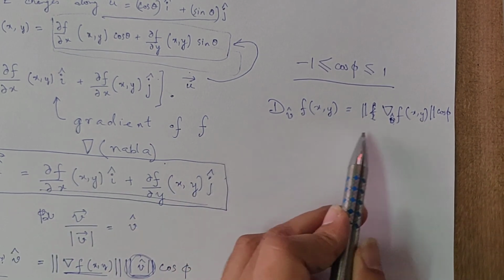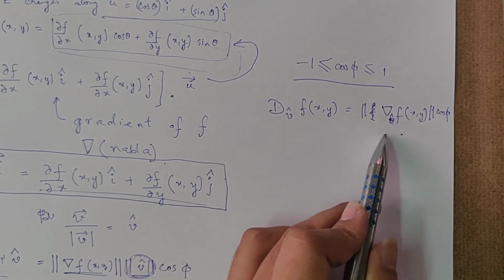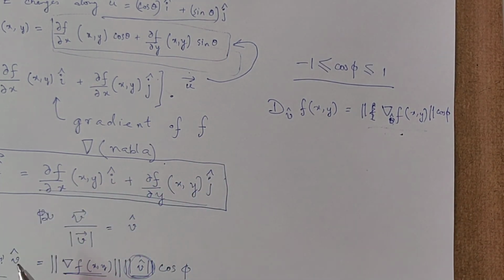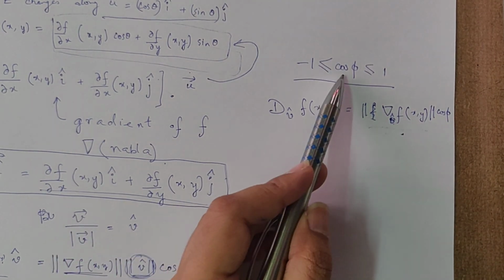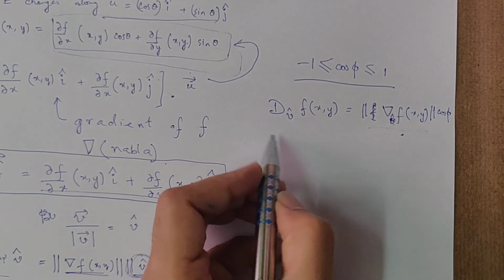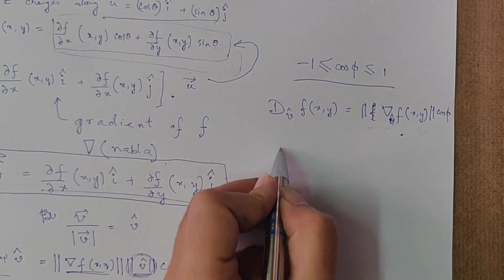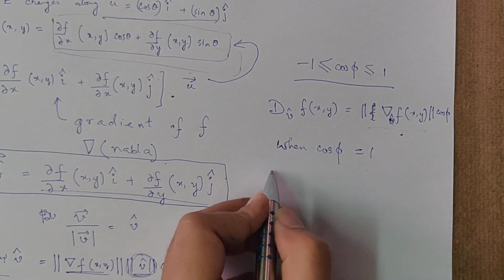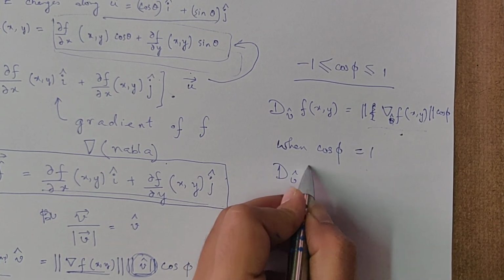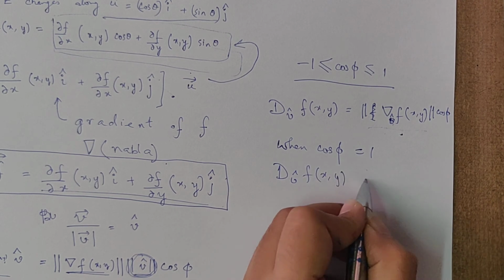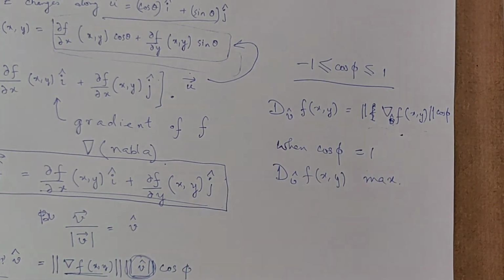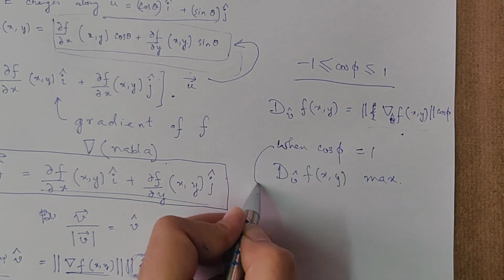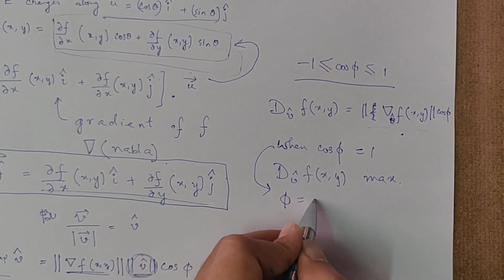What is the maximum value for this expression? The maximum value for this expression is attained when cos phi is 1. When cos phi is 1, the directional derivative is max. When is cos phi 1? This means phi equal to 0.